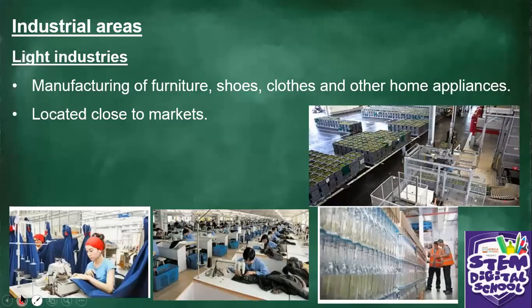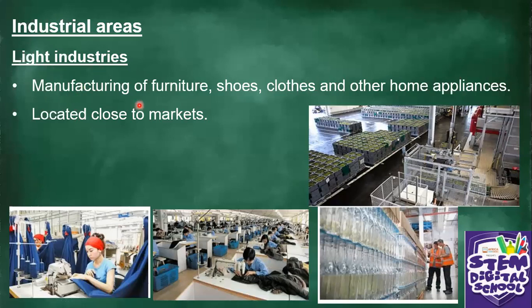And then we look at industrial areas. So industrial areas, they are divided into two. There is light industry, and then there is heavy industry. So we're going to start by looking at light industries.